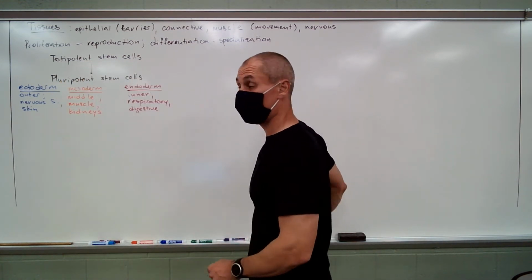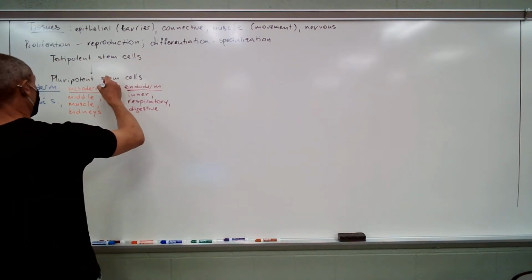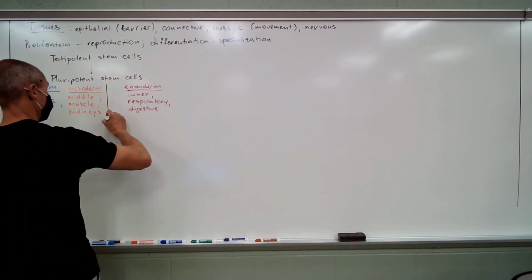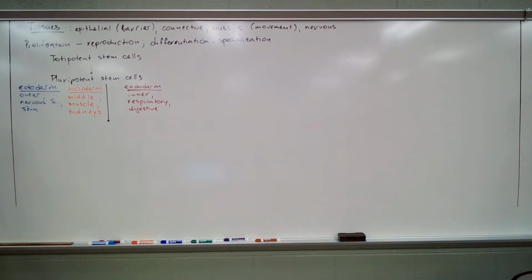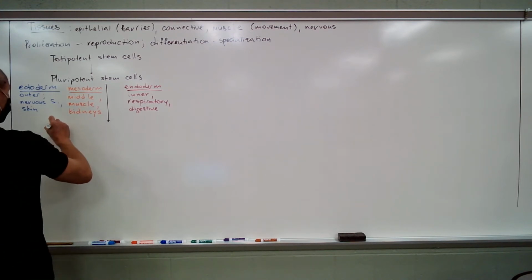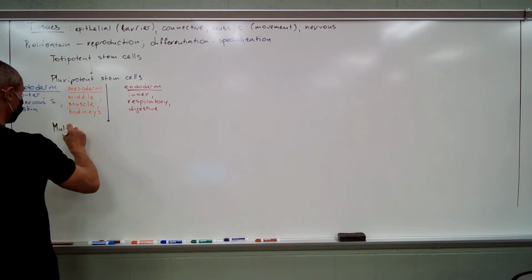Now, pluripotent stem cells can specialize even further. For instance, not for the exam, bone marrow is the mesoderm product. Okay? So in bone marrow, you're going to have what's called multipotent stem cells.